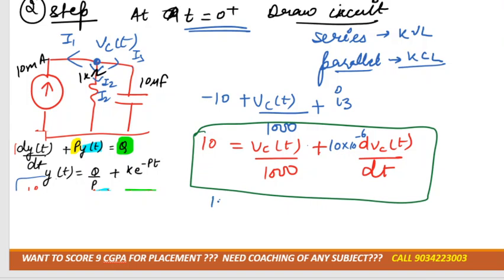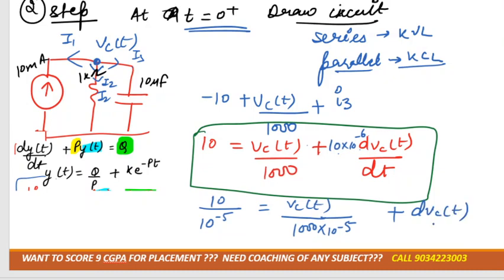What we'll do: 10 divided by 10 raised to power minus 5, and VC by 1000 times 10 to the power minus 5, right? 10 into 10 to the power 6 is how much? Then dVc by dt.